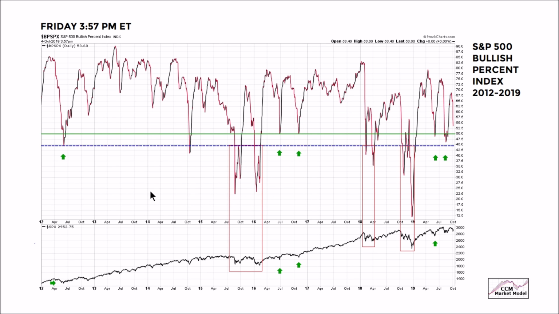Similar theme here, right before the close on Friday. S&P 500 bullish percent index. Look, we want to embrace, after this point here, good things happen in the S&P 500. Look that we want to avoid: early stages of a very uncomfortable period, early stages of an ugly period, early stages of a very ugly period.